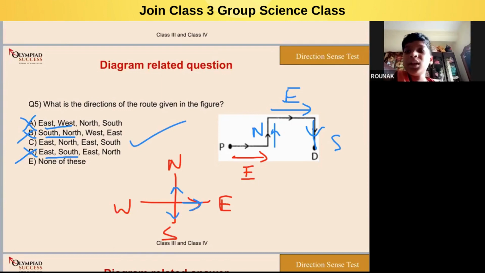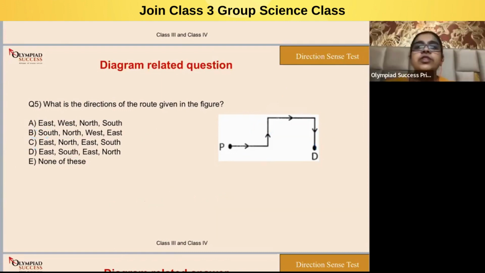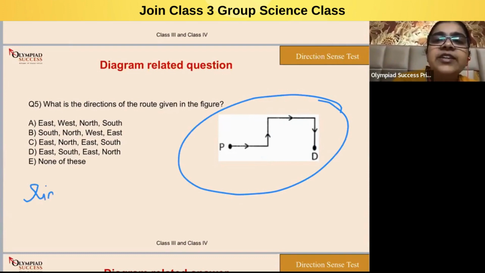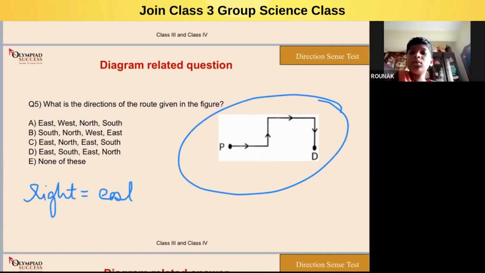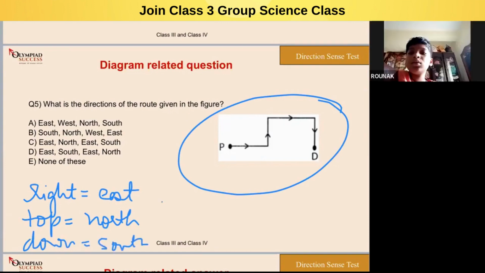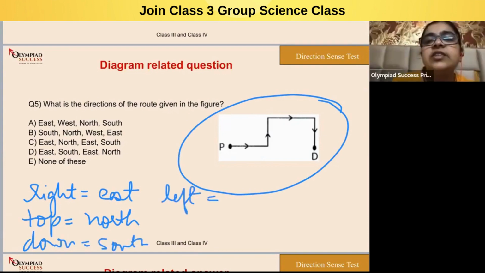No problem, Ronak. So here what you have to do is pretty simple, it's more simple than you actually think. In this type of questions, every right turn is equal to east, every top turn is equal to north, every down turn is equal to south, and every left turn is equal to west.